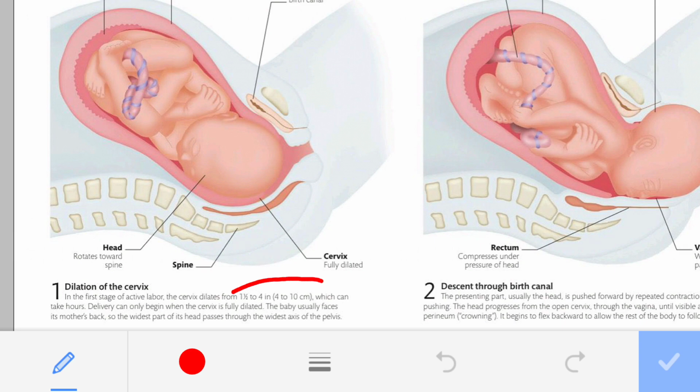Here you can see the cervix is dilated and this gap is 4 inch.